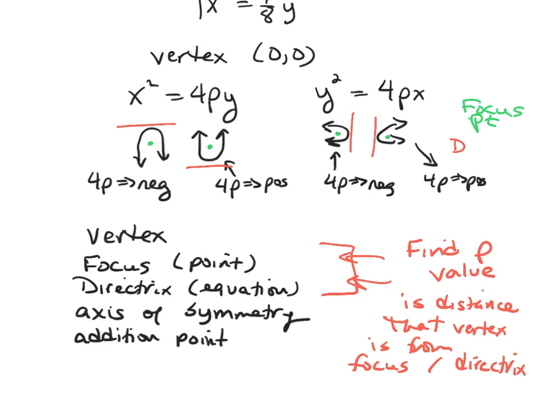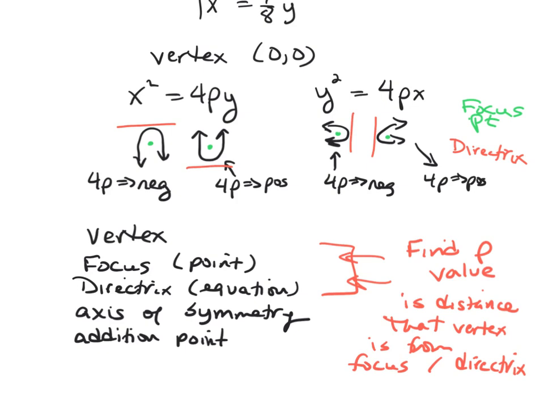So then the red would be the directrix here. So these would be key things that will help you when you're expected to come up with an equation. So let's say they gave you the focus and the directrix. Remember, that vertex is going to be right in the middle. So if you had to come up with an ordered pair for the vertex.